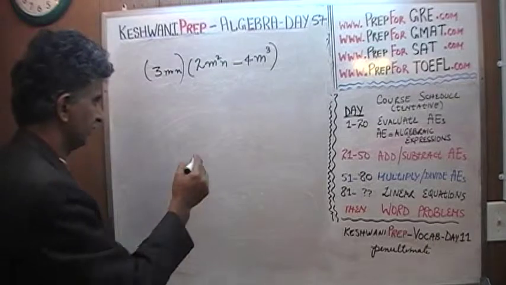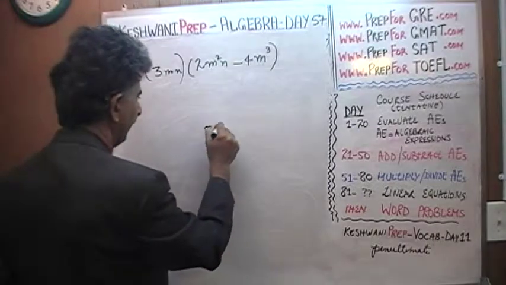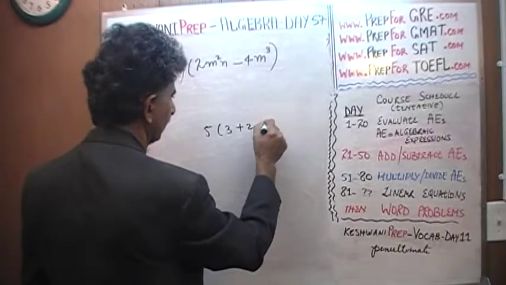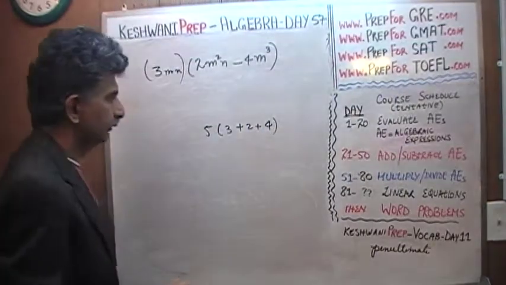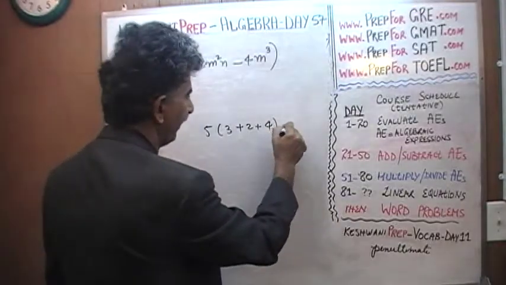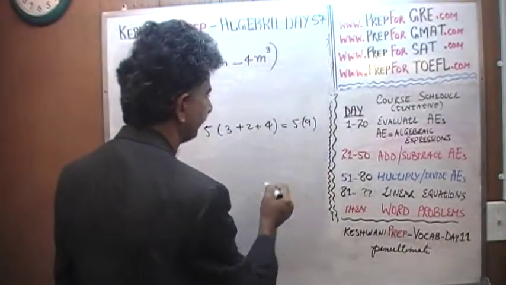For example, watch this. If I tell you 5 times 3 plus 2 plus 4, well, 3 plus 2 is 5, 5 plus 4 is 9. So this is 5 times 9.